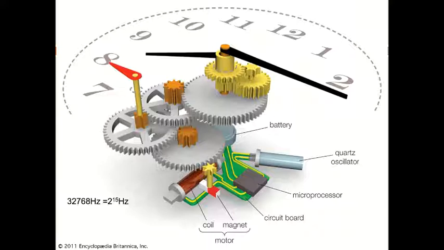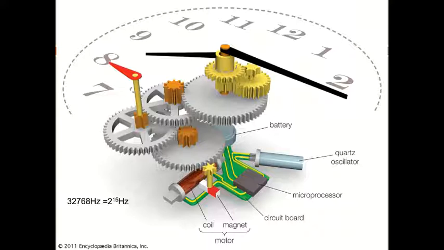This is directly connected to the seconds dial. Through some mechanisms, through some gears and gear trains, they have connected this microprocessor signal to the seconds dial. So 1 second, one oscillation. If it oscillates 32,768 times, it will be converted into one oscillation, and one oscillation means the seconds dial will move one time.